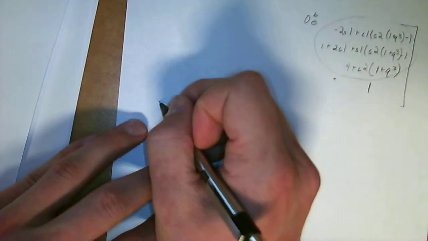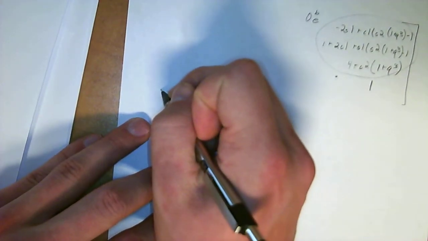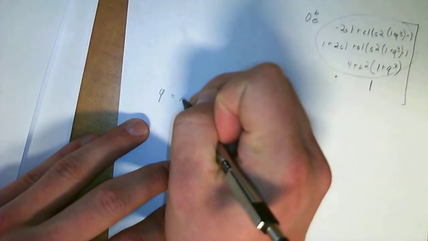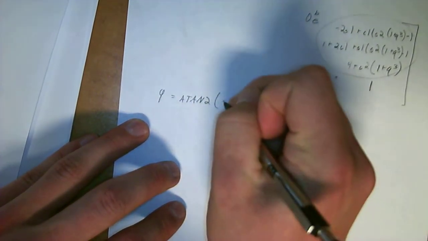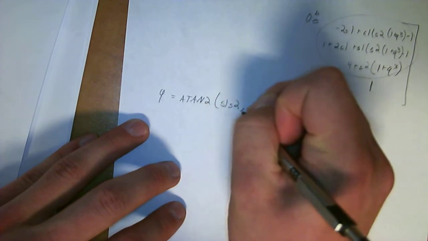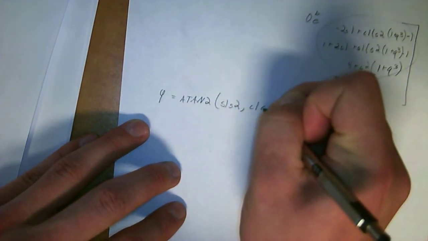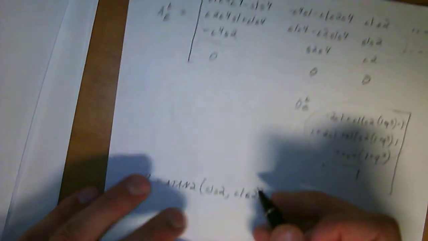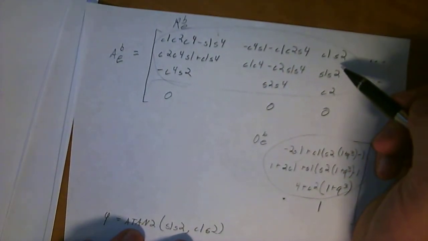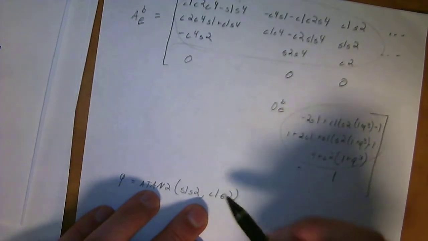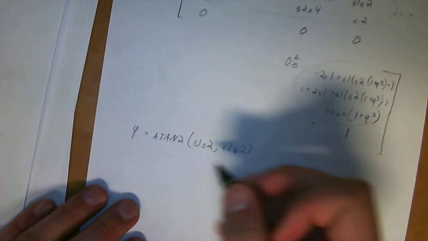So, using that, you have phi is equal to A tan 2 of sine 1 sine 2, cosine 1 sine of 2. And the reason I got those is from here and here, in this part of the matrix. You should know these formulas by now.